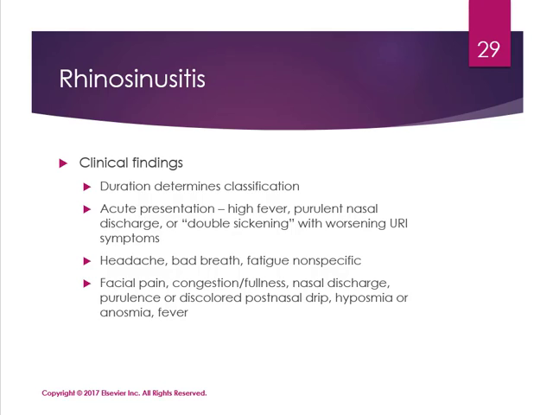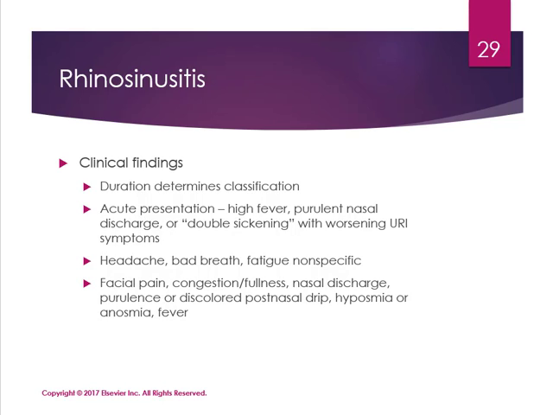So the history of an acute sinusitis is different than an uncomplicated upper respiratory infection. We know with the URI that you may present with a thick yellow discharge on the 3rd or 4th day, and there may be no or just a low-grade fever. And the history of sinusitis is usually rather acute.